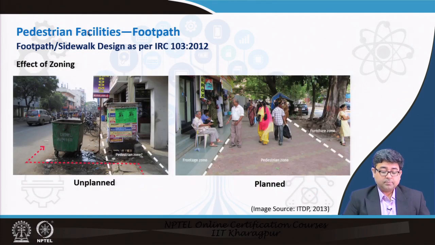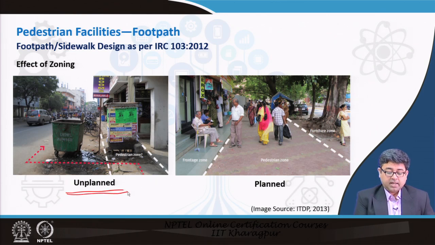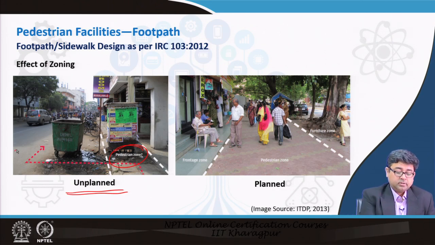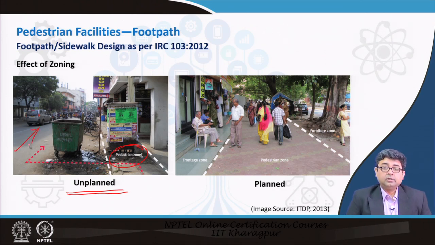So, here is a good example of the effect of zoning. This is an unplanned picture. You do not know where the pedestrian zone is, you do not know where people should walk, so people end up walking on the carriageway or on the pavement. Whereas, if you have planned it in a proper manner, now you have demarcated the pedestrian zone.